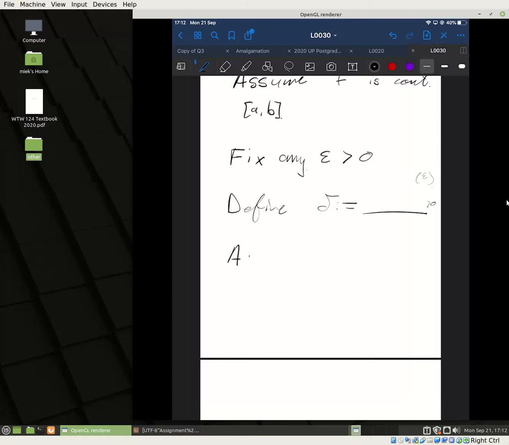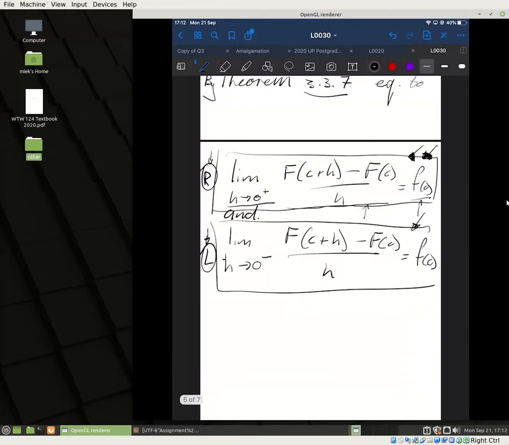So we will assume h is between 0 and delta, and now we want to prove that this expression is within an epsilon distance of little f of c.